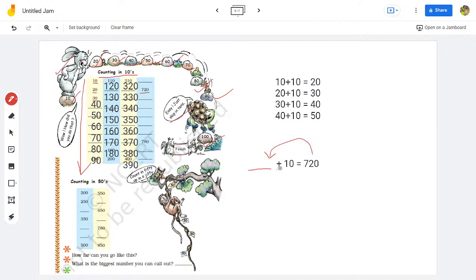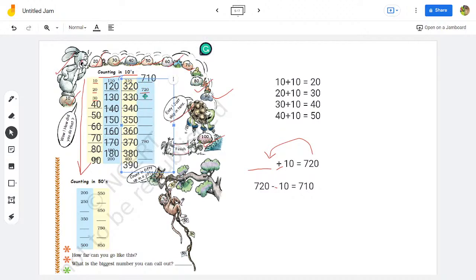We should do the opposite again, minus. We can do 720 minus 10, and that would be 710. So that means the first number over here is 710.